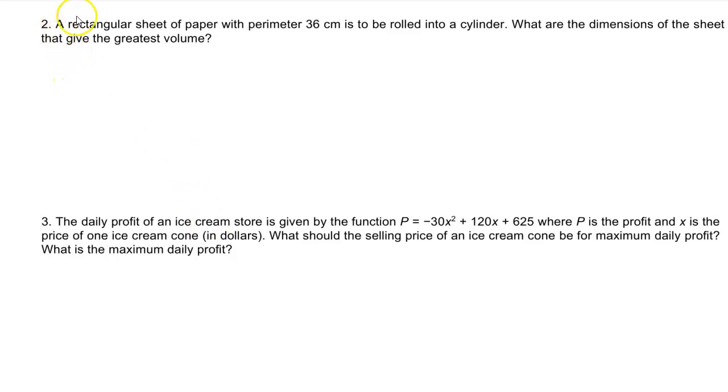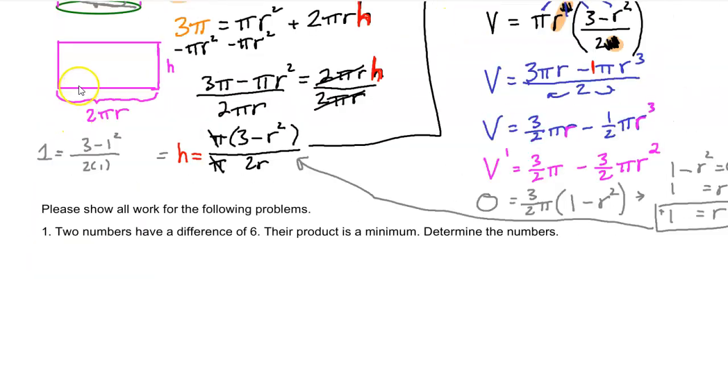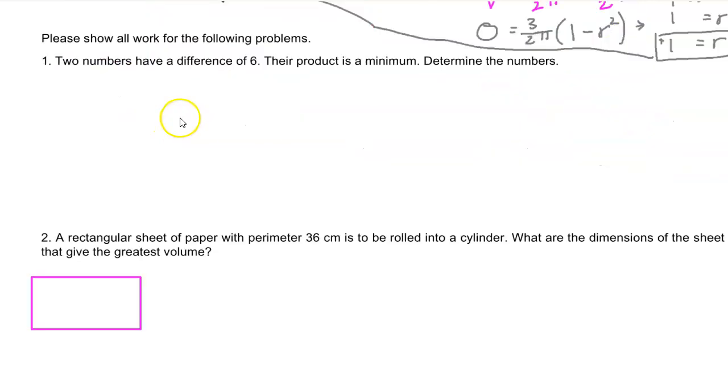So a rectangular sheet of paper, and it's rolled into a cylinder, so it's very similar to what we just did. Right, so 2 pi r is the length, and the height is still h.